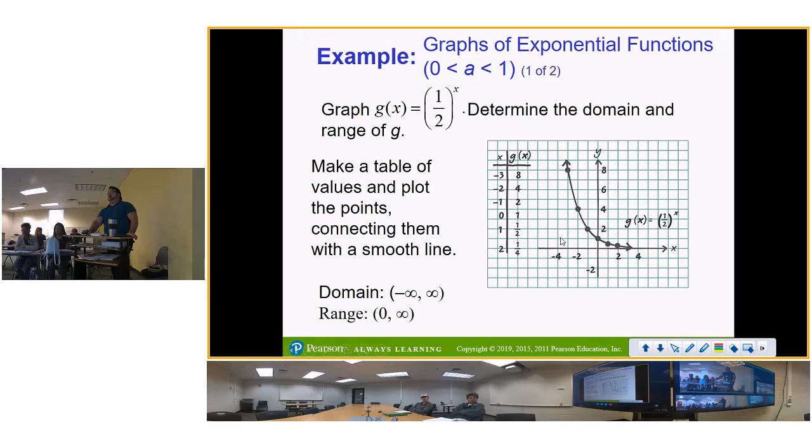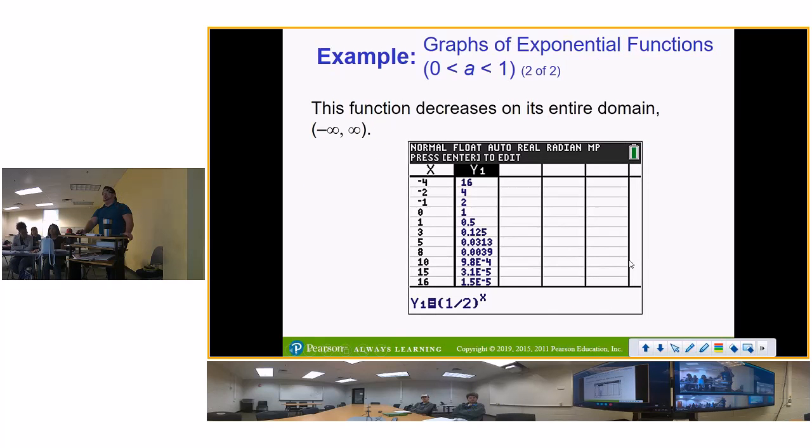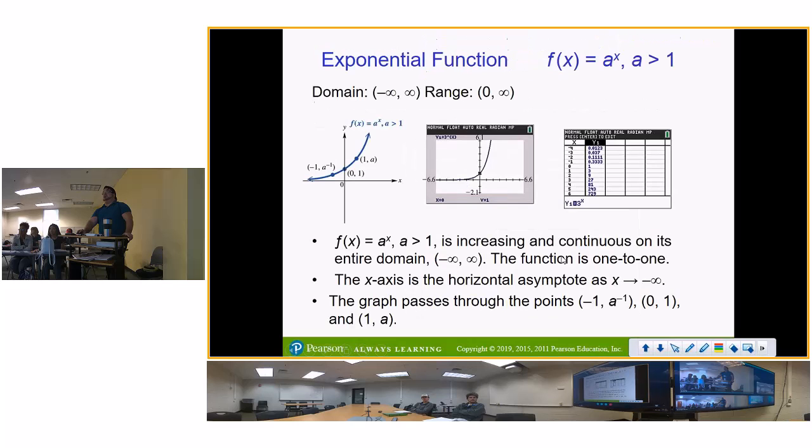So make sure you know how to graph this. Make sure you can foretell what it's going to look like before you graph it, meaning horizontal shift, vertical shift, and all that stuff, domain and range. And make sure you can look up numbers on the table. These are all calculator drills. So when A is a whole number, it's going to be increasing.